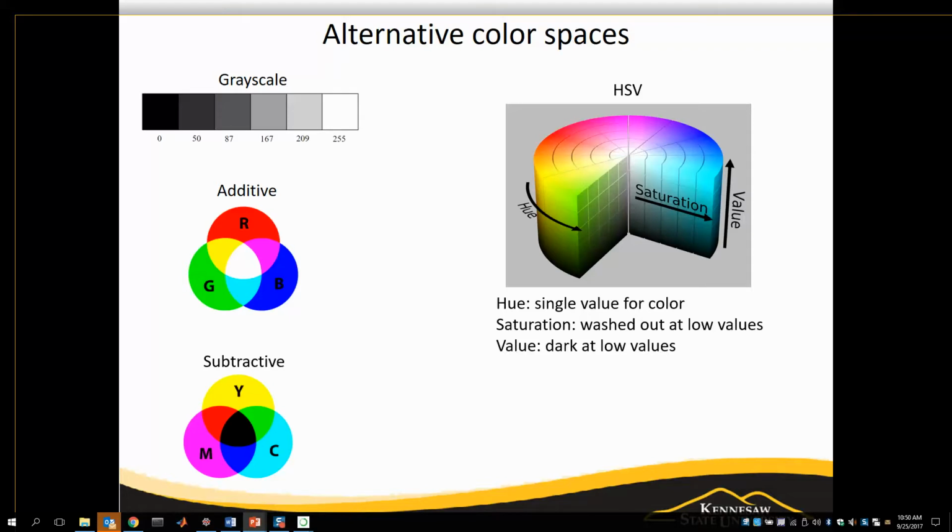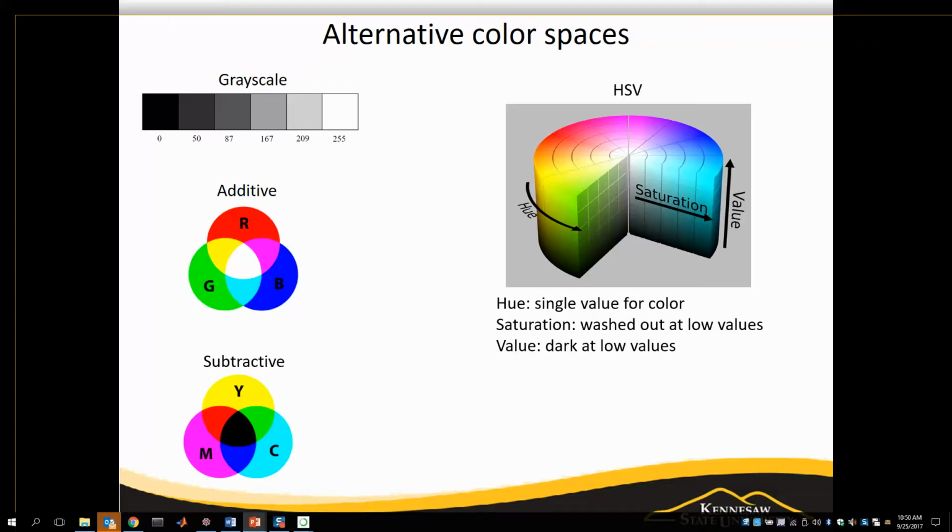Okay? Then the saturation is saying essentially how washed out is the image. If I have a 0 value for saturation, it's all white. I can't distinguish between any colors because it's so washed out. And if I go all the way to the maximum saturation value, I'm getting the most color I can out of it. Okay? And what's nice about this is if you have an image and you're looking for a particular color, if it looks white, you can't tell what color it is in an RGB value.